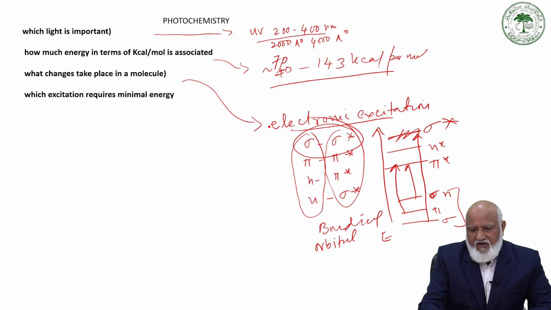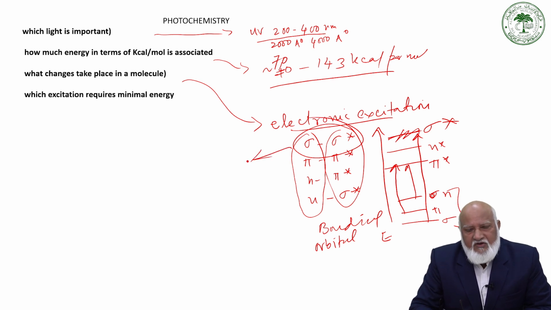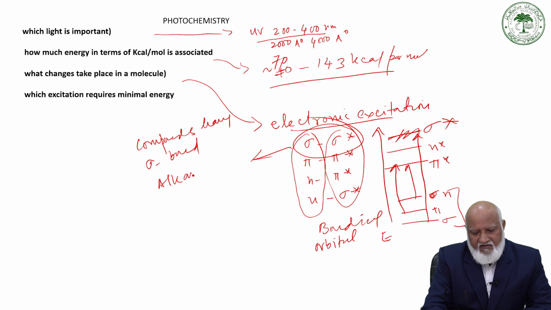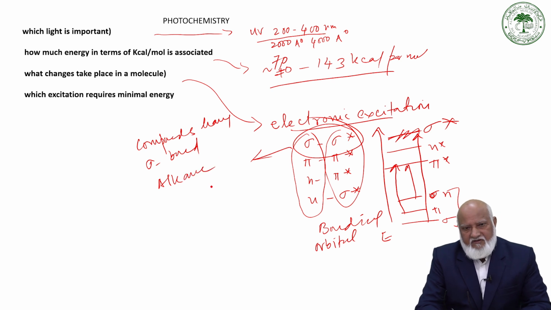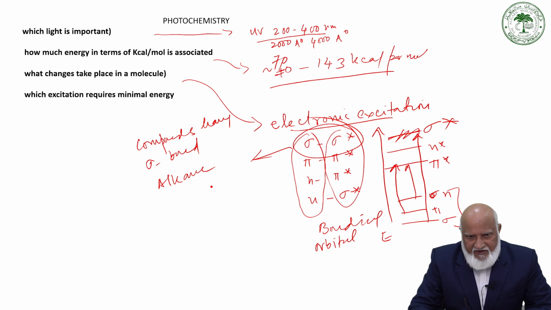In what type of molecules is sigma to sigma star excitation possible? Single bond compounds having sigma bonds, like alkanes.